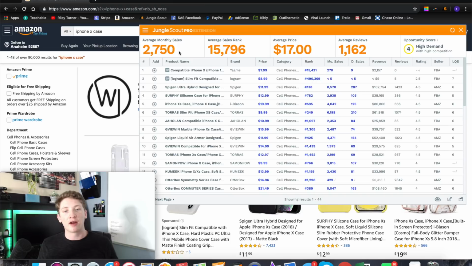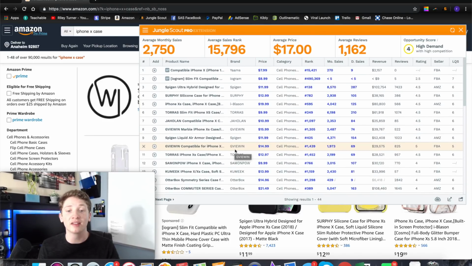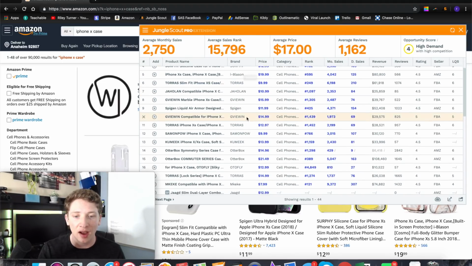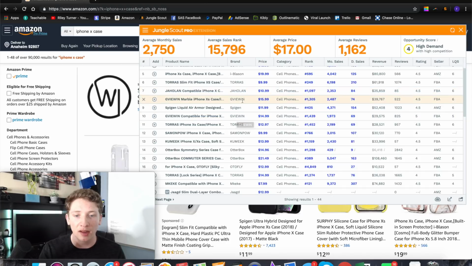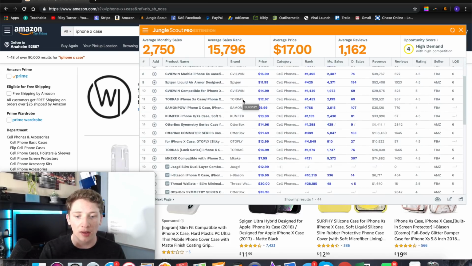Another thing we need to look out for is going to be right here under the brand. So we can see all the different company names right here that are selling these iPhone cases. And something to look out for is if you see a lot of the same brand on the first or second page. So for example, let's go ahead and see, I see this one, GiveWin, and then it's again here, GiveWin. Let's see if it is anywhere else.